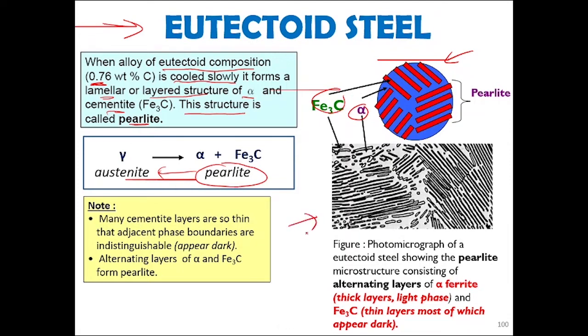In this figure, you can see a photomicrograph of eutectoid steel showing the pearlite microstructure consisting of alternating layers of alpha ferrite, which are thick layers, the light phase, and cementite, which are thin layers, most of which appear dark.